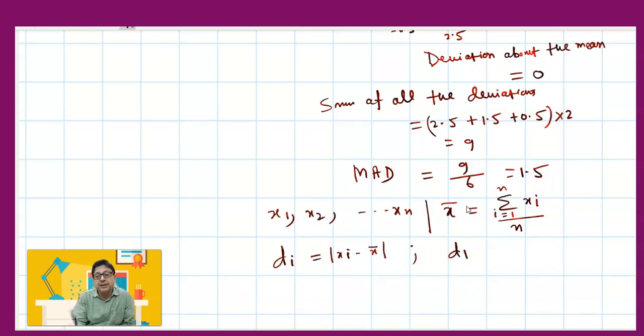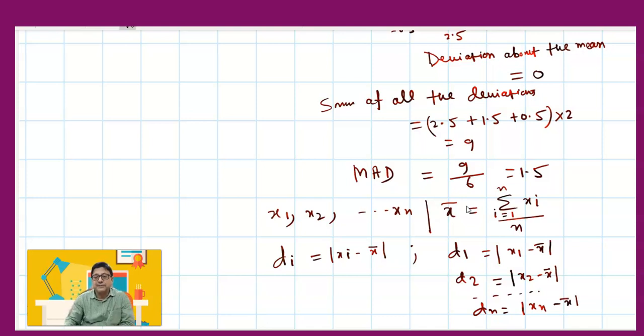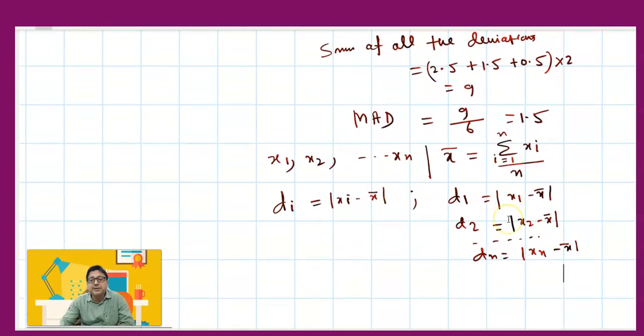So d1 is going to be mod of x1 minus x bar, d2 mod of x2 minus x bar, this way dn is mod of xn minus x bar. So we found all the deviations.